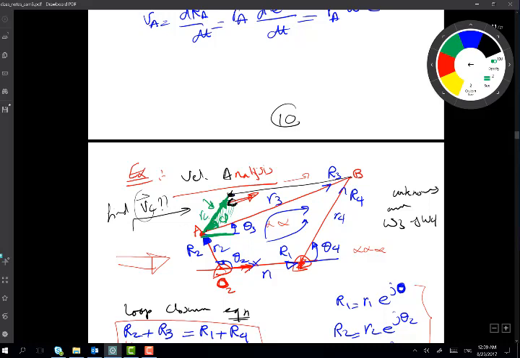So I'll put some info on this side here for you. I have R, C relative to A, its length is RC, and the angle of that is theta 3 plus phi, because phi is above R3.